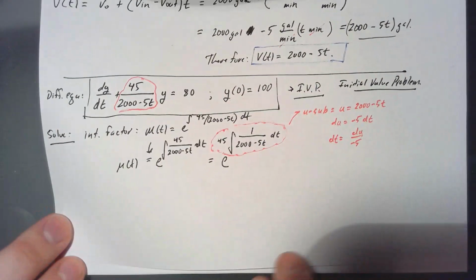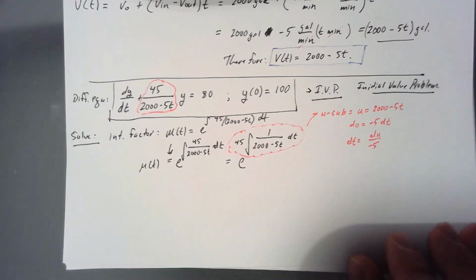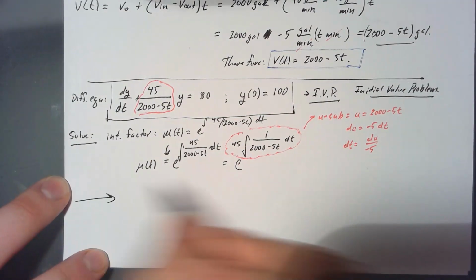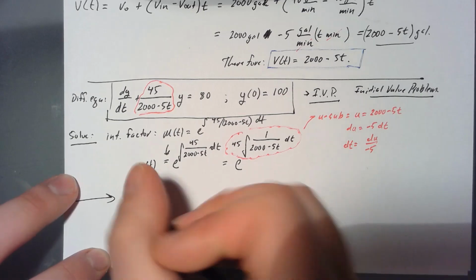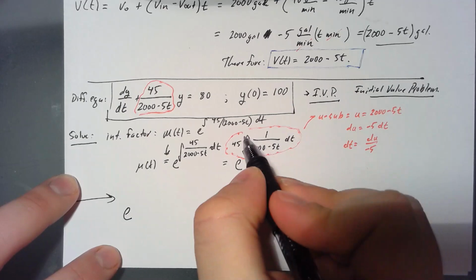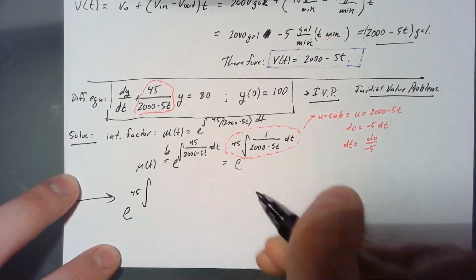These problems are pretty long, very lengthy, but this is Calc 2. So I'm going to have e to the 45 out here times the integral.